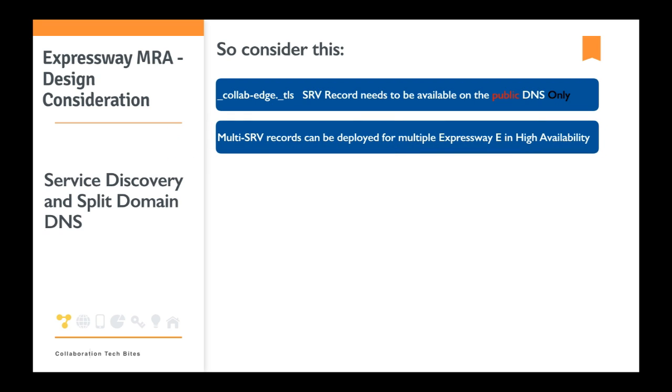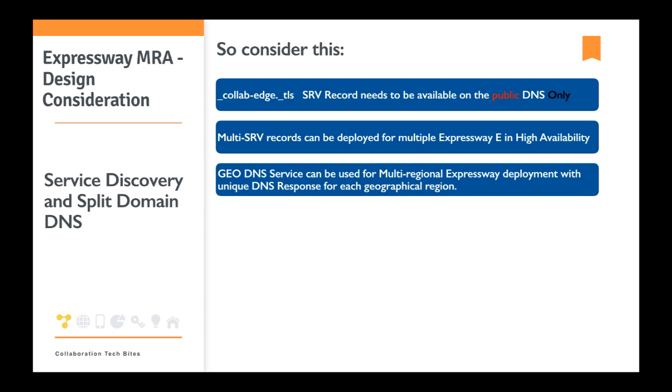Second consideration, in a multi-SRV record: let's say you have Expressway E in a clustering environment, so I have several Expressway E. You need multiple SRV records, and each one of them will round robin the IP addresses of several Expressway E to register to next time if I'm not able to reach one.